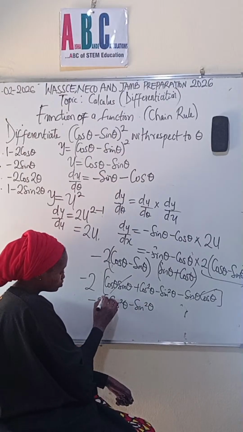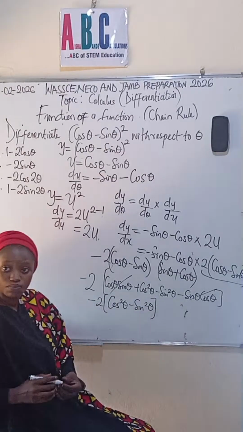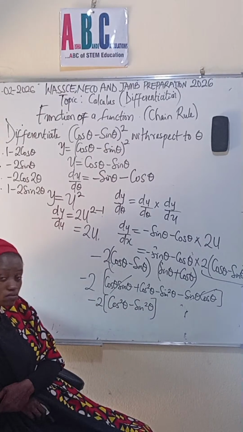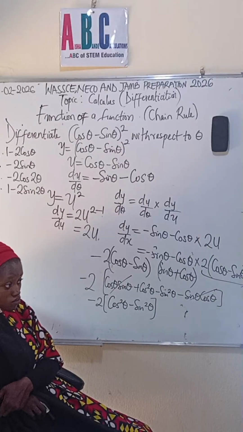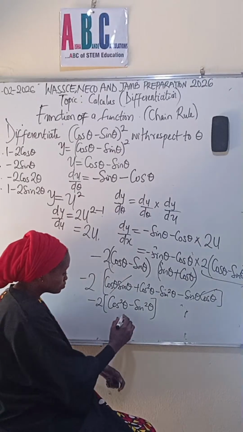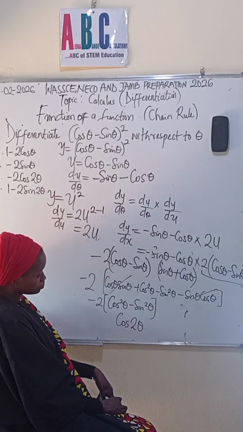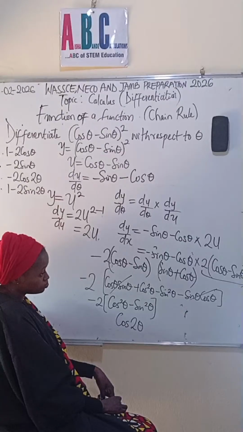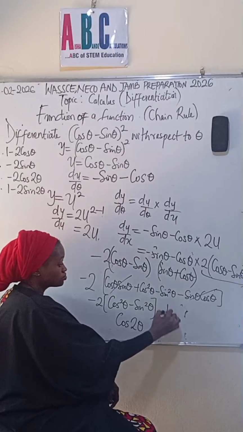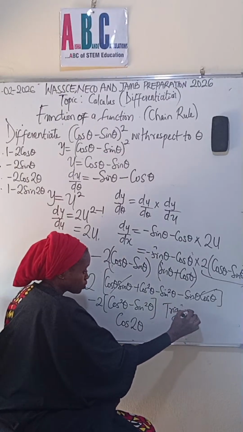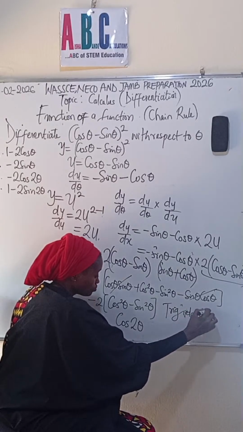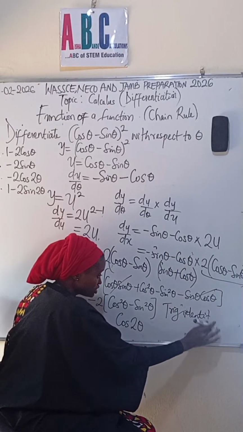Yeah, we have minus 2. That's why I say you use your trig identity. So cos square theta minus sin square theta is the same thing as cos 2 theta. Maybe you have to go back to trig identity. From trig identity, cos square theta minus sin square theta gives cos 2 theta. You understand?